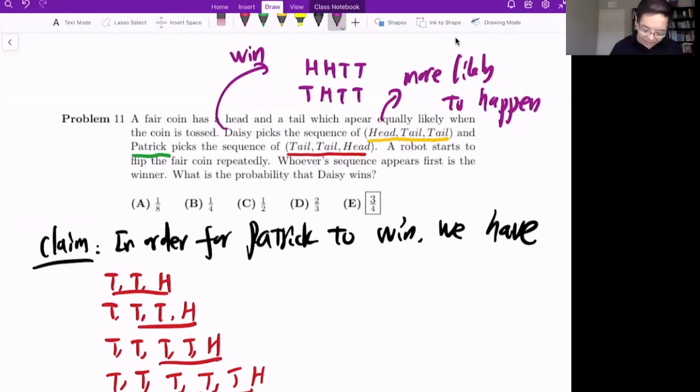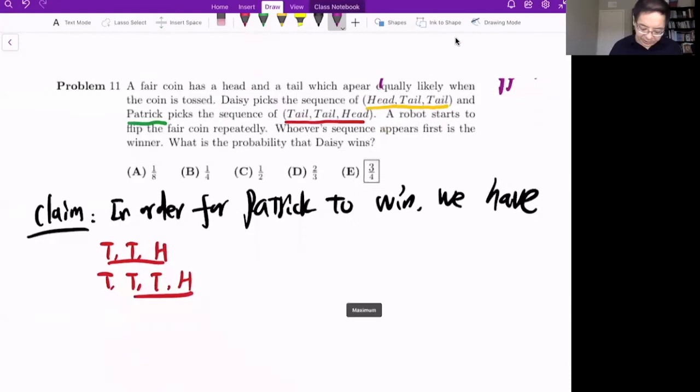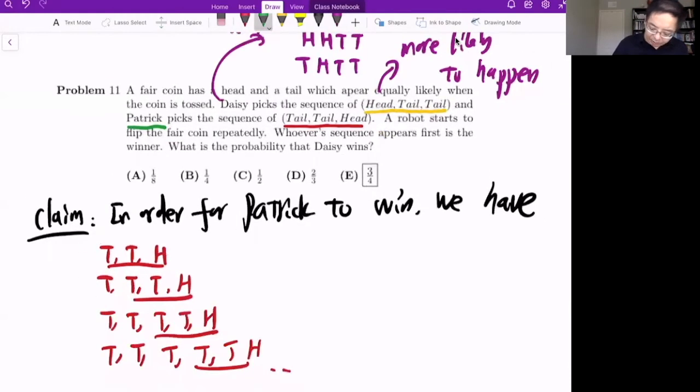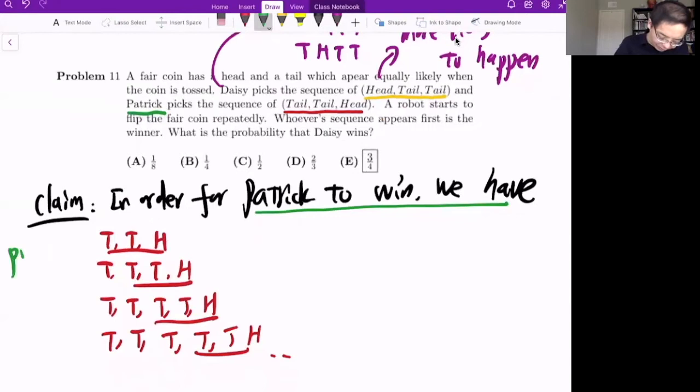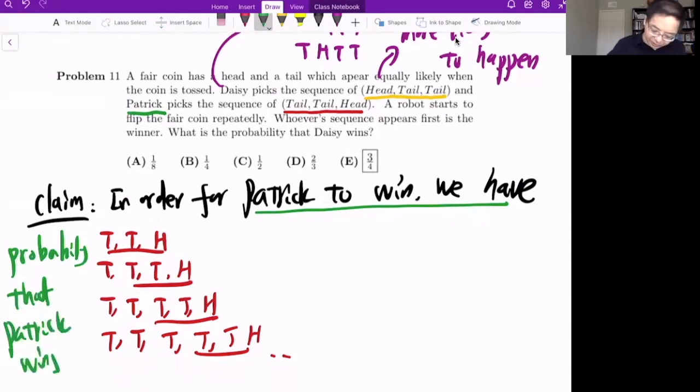All right, and meanwhile, we find it's easy to compute the probability that Patrick wins because the pattern is kind of simple. So let's calculate the probability that Patrick wins. All right, so this one is 1/8.